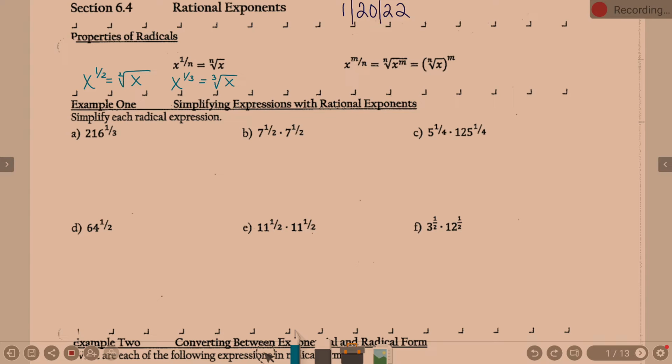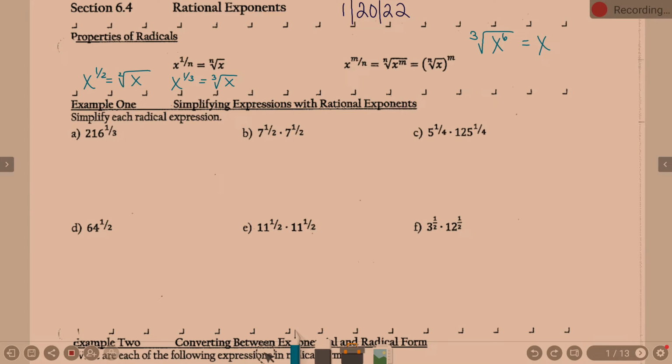For example, I'm looking for an example to throw in. What if I say the cube root of x to the 6th? Could you tell me what power that is? That can be written as x to the 6/3. Does that make sense? Because what did I say?